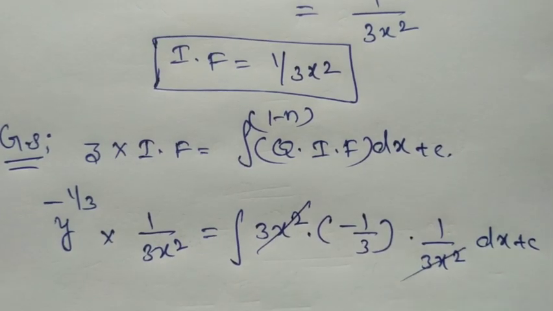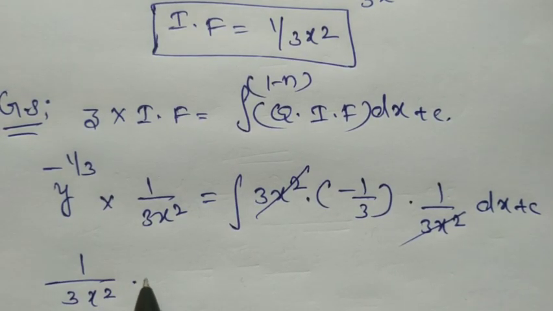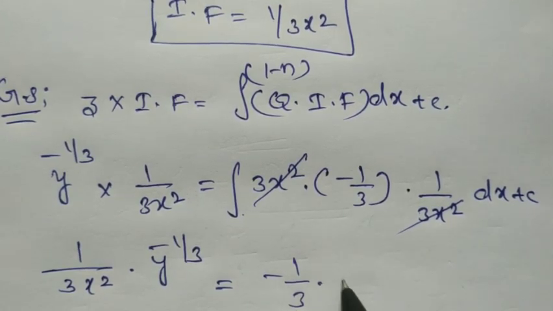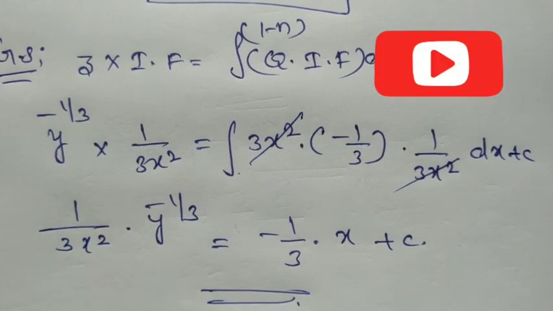Here the 3x² cancels, so the right side becomes the integral of 1 dx, which is x, plus c. This is our general solution of the given problem.